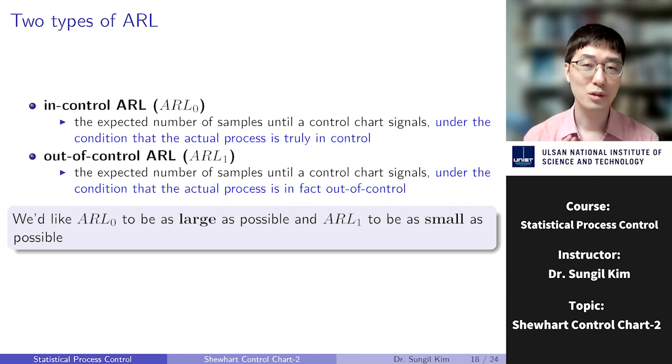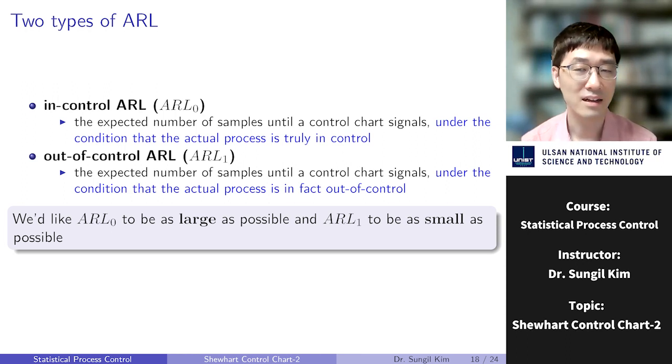There are two types of ARL, depending on whether the process is actually in control or out of control. In-control ARL, ARL0, is defined as the expected number of samples until the control chart signals under the condition that the actual process is truly in control.